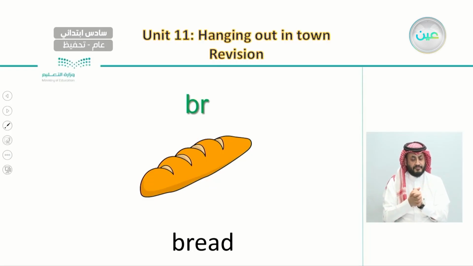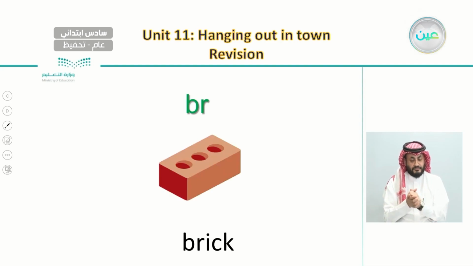So we have different kinds of brush, but they are all pronounced the same, brush. Also, the second word with BR is bread. Say after me, bread. Here bread starts with B and R, the second blend. Also, the third word we have with this blend is brick.